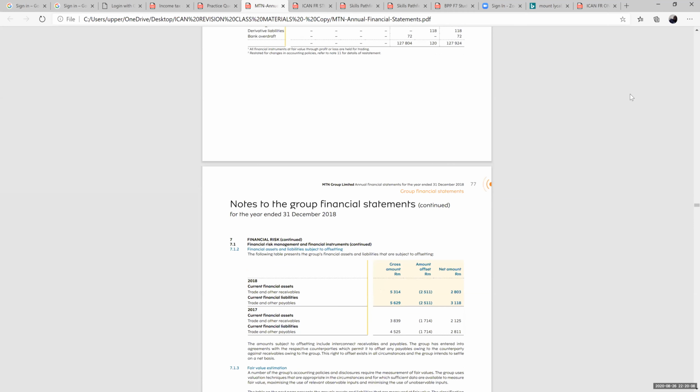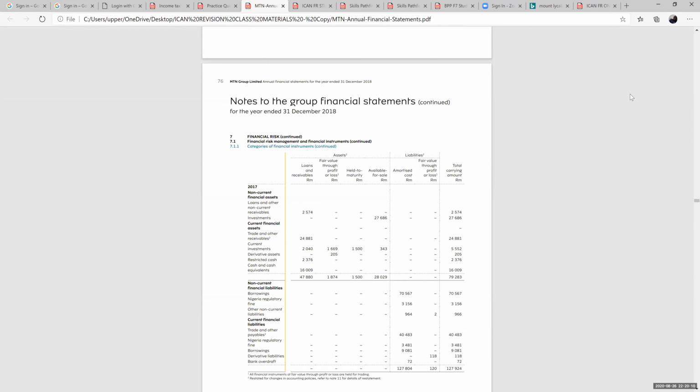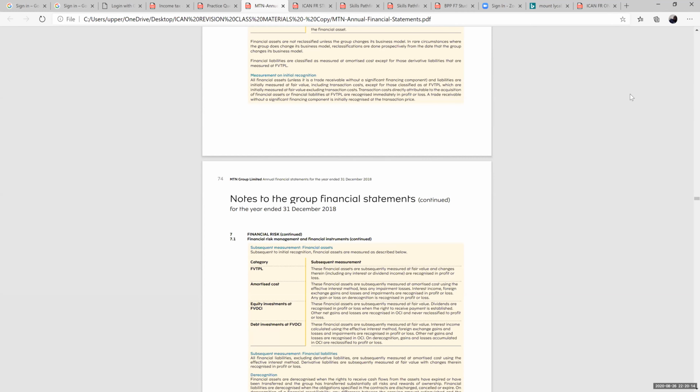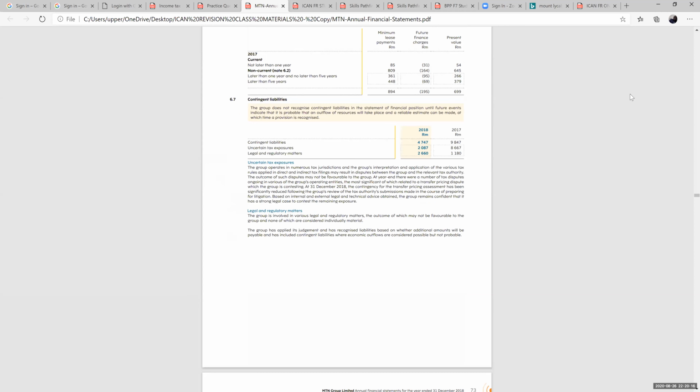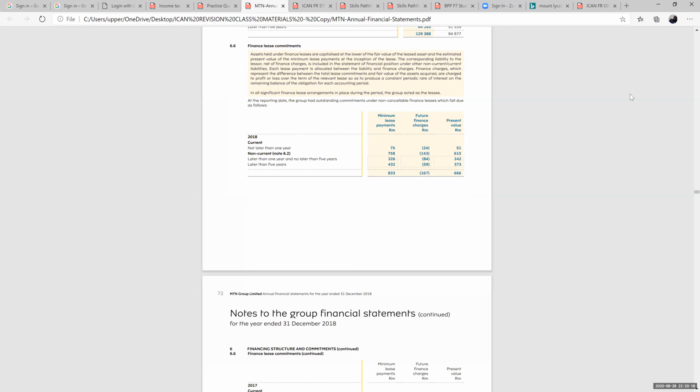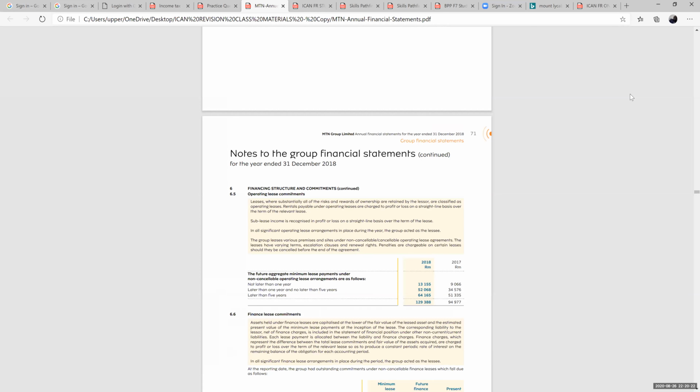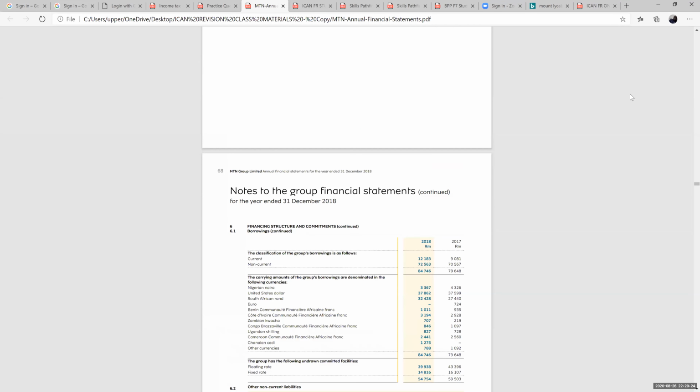And you see how the reconciliation is done. And MTN adopted, I think, the absolute reconciliation presentation. Okay, and that's the most common one. But relative is also acceptable to the standard.